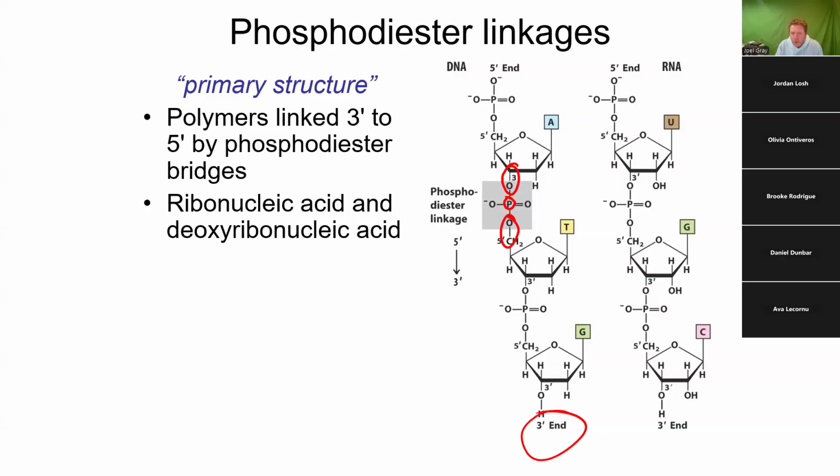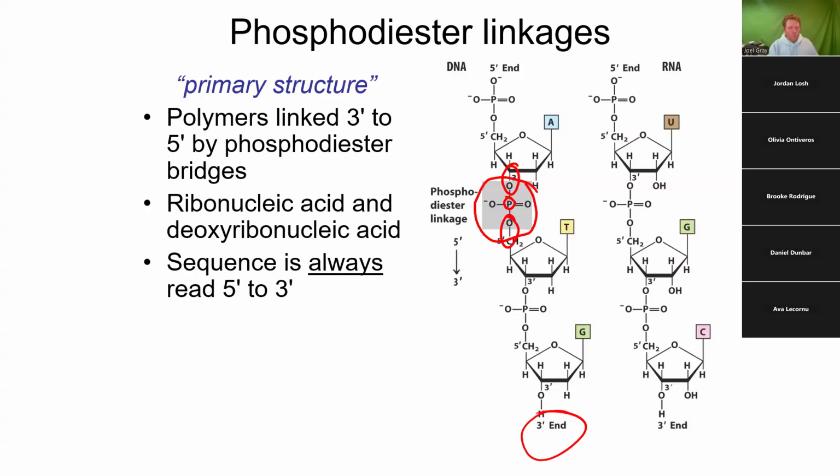Another thing I'd like you to think about is that a DNA molecule is known to have an overall negative charge. The reason for that is this phosphodiester linkage. We'll get more into DNA's larger structure in just a moment, but that's our direction. 5' to 3' is the way that we read it. Phosphodiester linkages connect 3' carbons to 5' carbons.